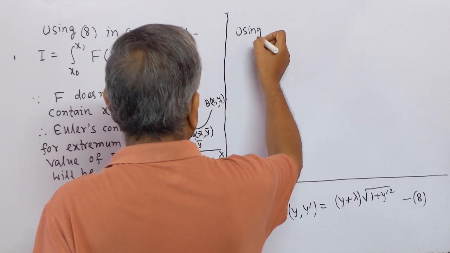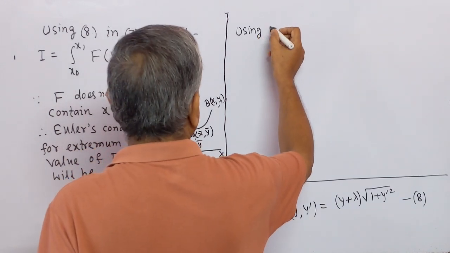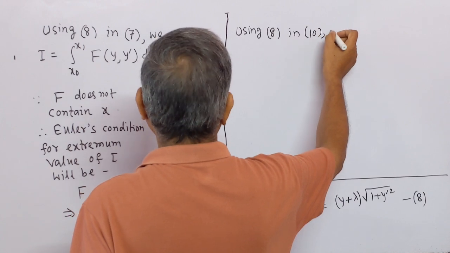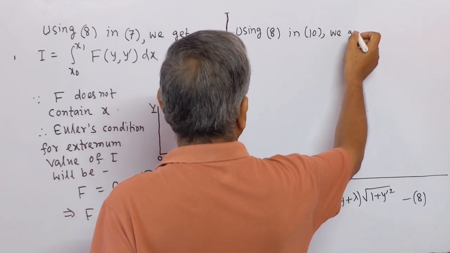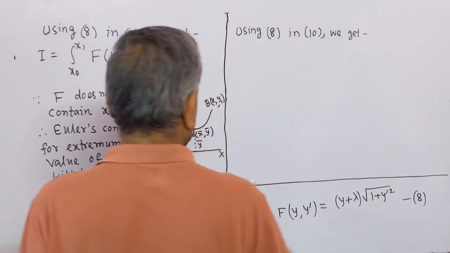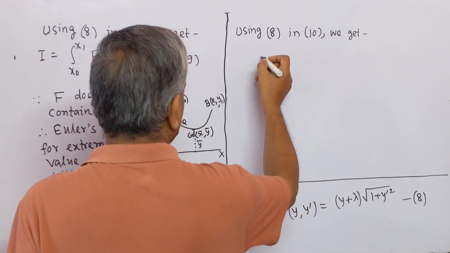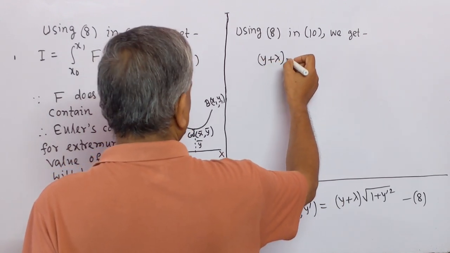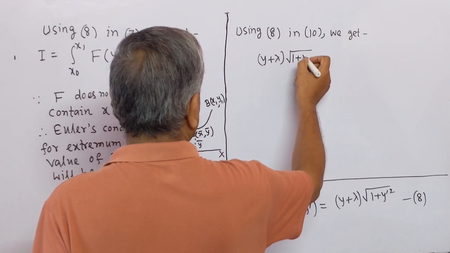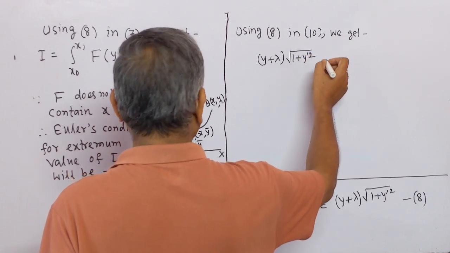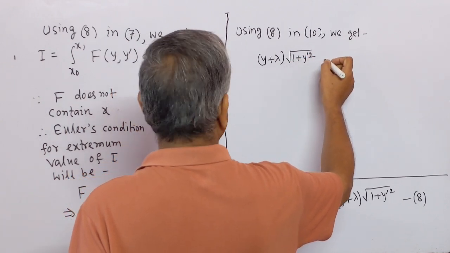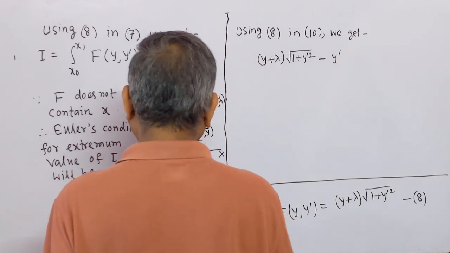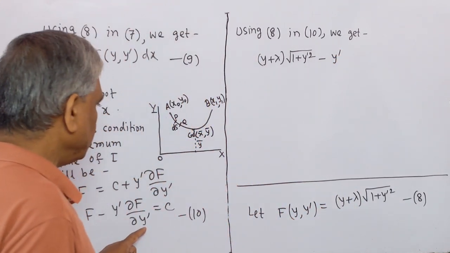Using 8 in 10 we get f is this y plus lambda square root 1 plus y prime square minus y prime partial derivative of f with respect to y prime.